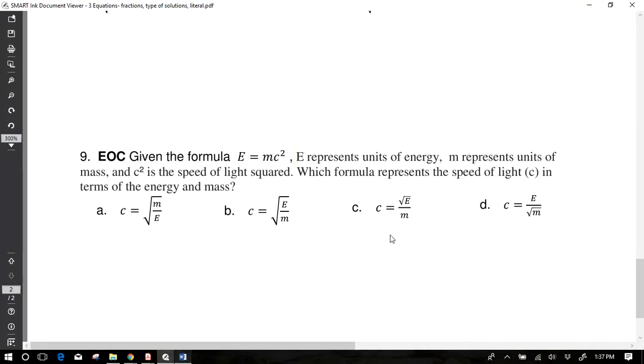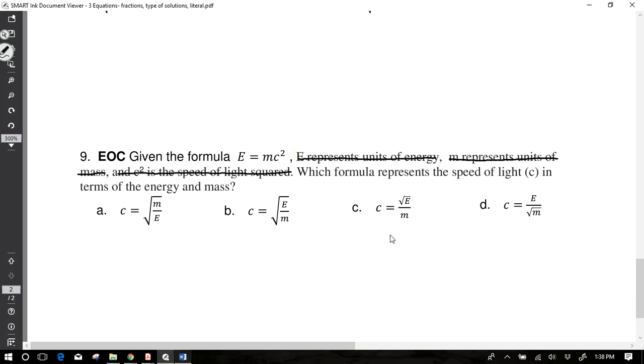So this is a word problem, and sometimes students get really caught up in the extra information that they give us here. E represents units of energy. Doesn't really affect us. M represents units of mass. Also doesn't really do anything for me. And c squared is the speed of light squared.